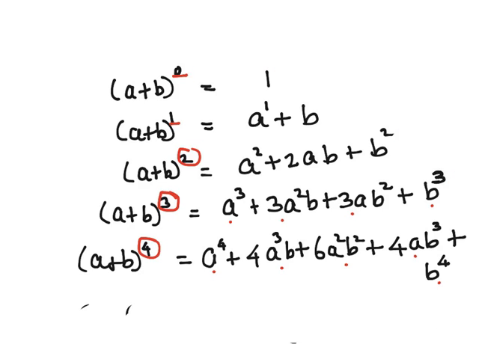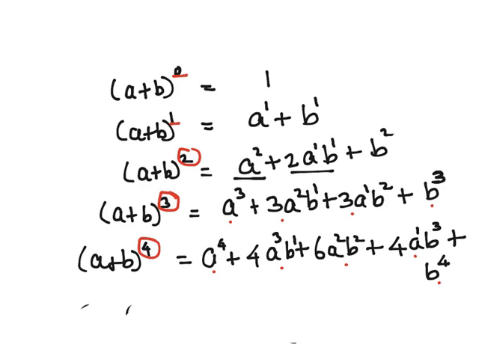I can write A as A power 1, B as B power 1. Now what we see here is, if we take only this term, the degree is 0, isn't it?